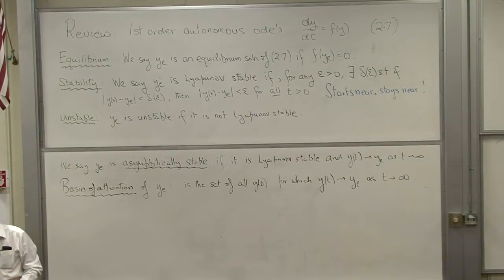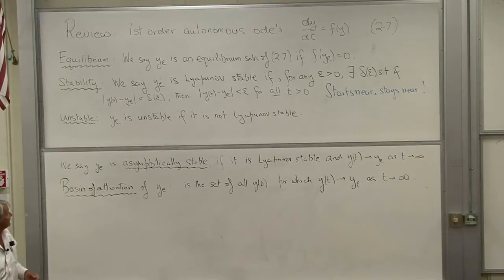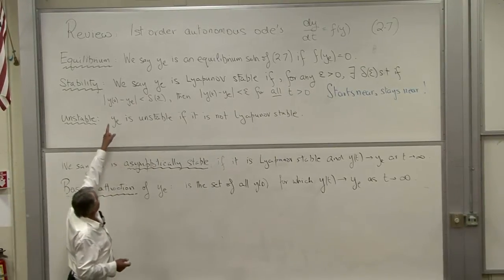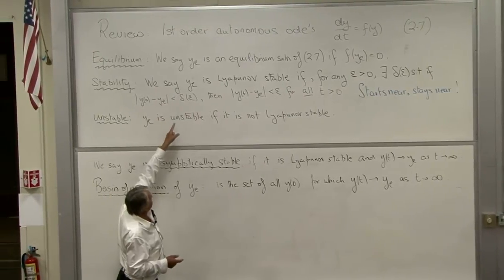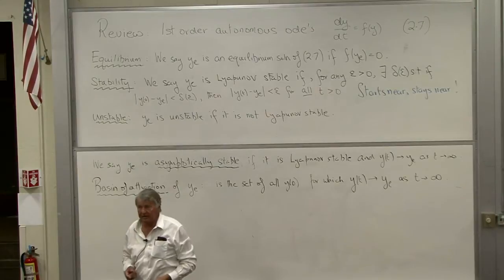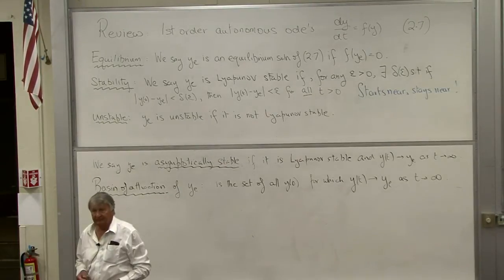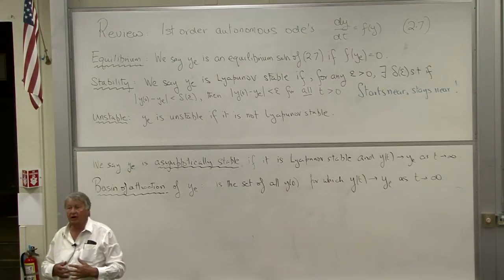Think of delta might be something like epsilon over 2 or 2 epsilon over 3. Then if you start this close to YE, you will stay within epsilon of YE for all time. That's the notion of Lyapunov-stable.